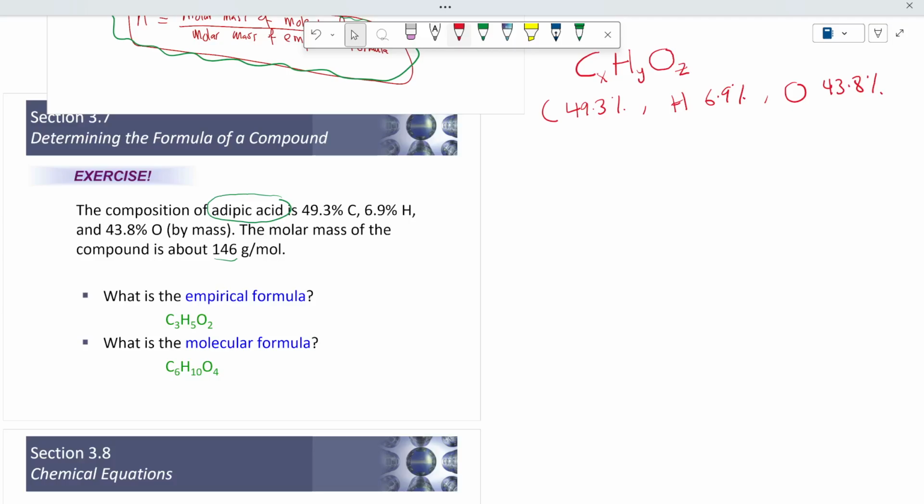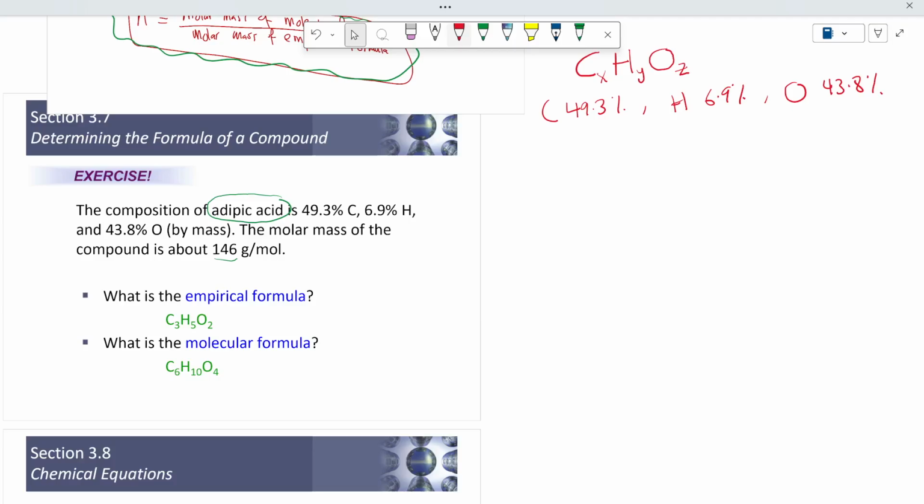Now, as we discussed earlier, these percentages are independent of the mass of any sample, which means if I have 1 gram of adipic acid or 100 grams or 1000 or 1 million grams, these percentages are constant according to the law of definite proportions that we explained in chapter 2. It means that any mass of adipic acid will contain the same percentages of these three elements.